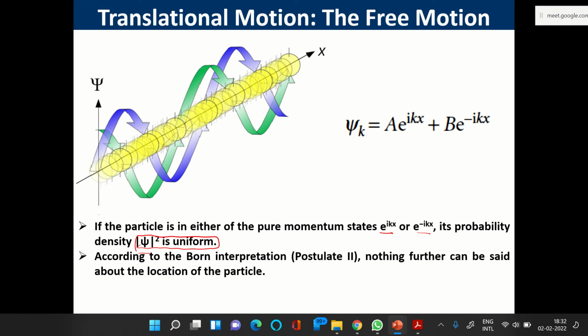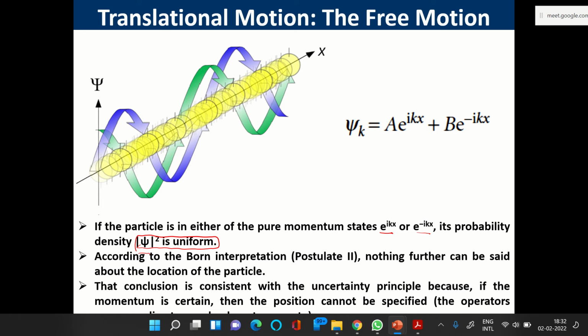because we know the momentum with certainty, कि अगर हमने इस तरफ प्लस x डायरेक्शन में बॉल को उछाला है, if we have thrown the ball along the positive x direction, we know for certainty that it has plus ħk momentum, 100% sure. So we are totally uncertain about the location of the particle.